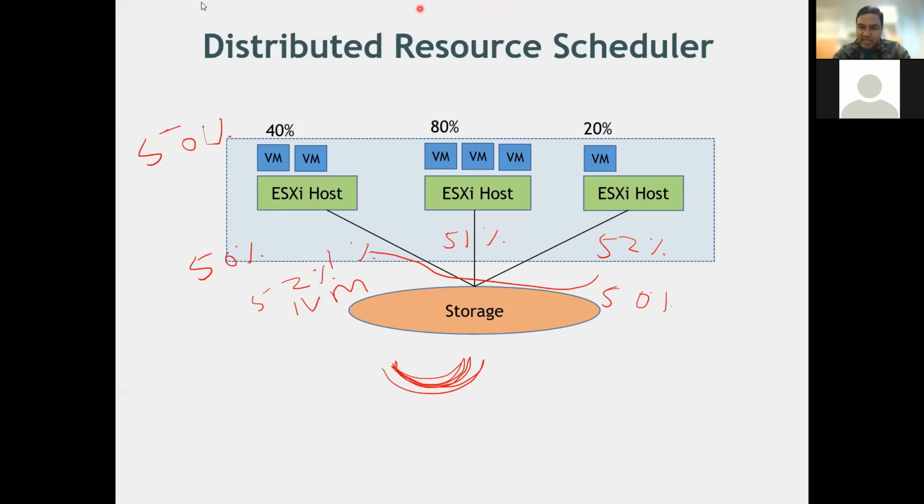Let DRS act when the load goes to 80%. In that situation, it can work. But sometimes this kind of situation can arise even when we say 80%, where each host has 80% load and one becomes 82%, and then the same thing will start happening.